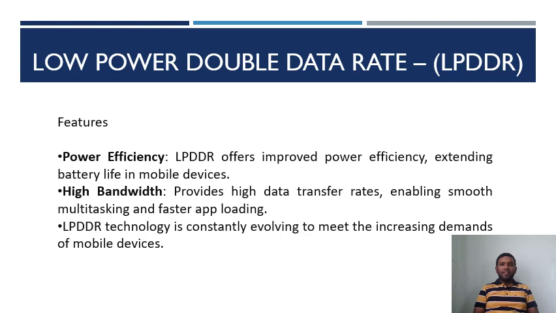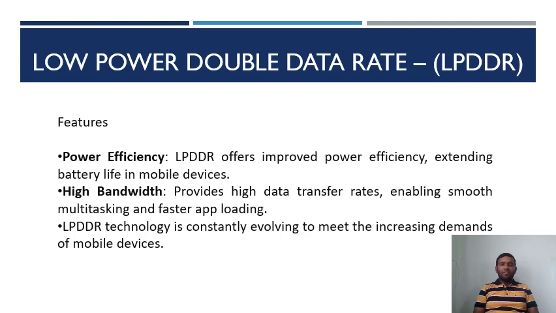Low power double data rate, which we saw just now, is one type of secondary memory, and its acronym is LPDDR. The features of LPDDR: first thing is power efficiency. LPDDR offers improved power efficiency, extending battery life in mobile devices.